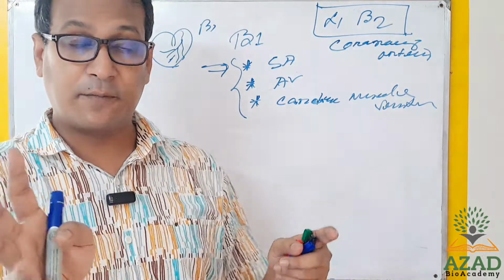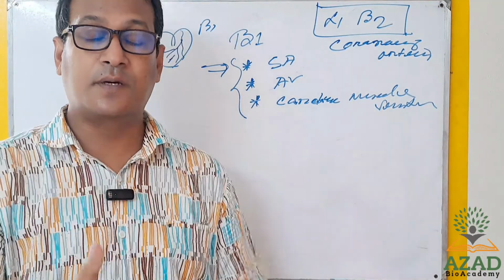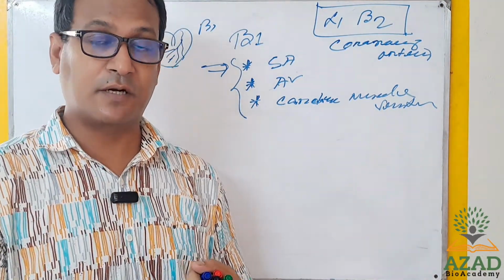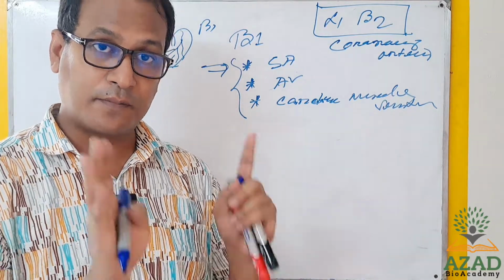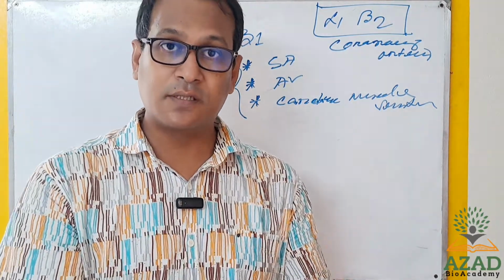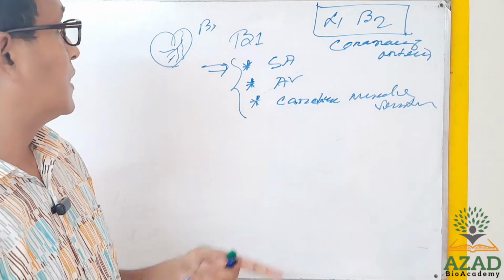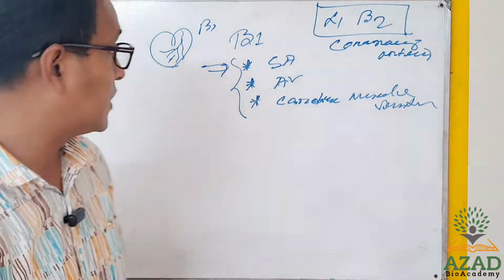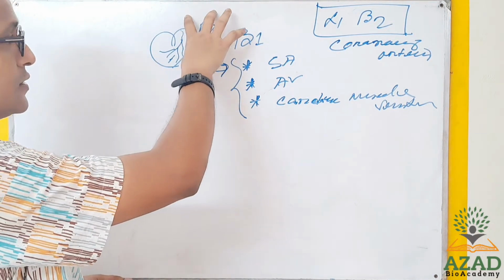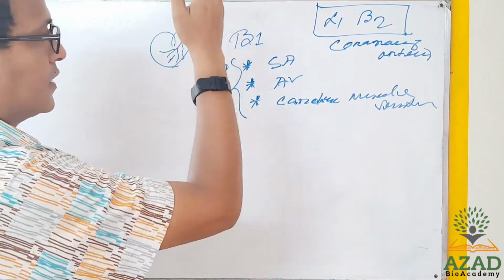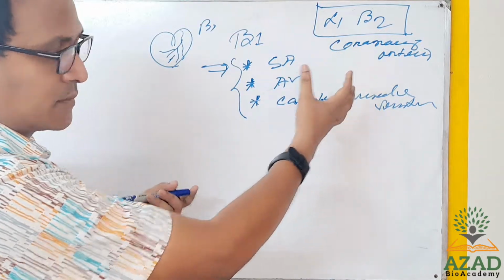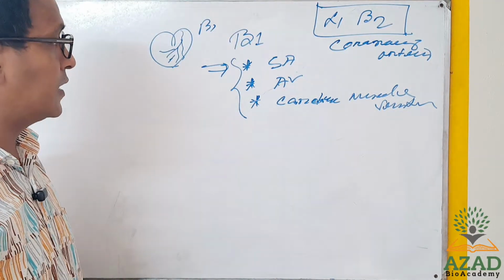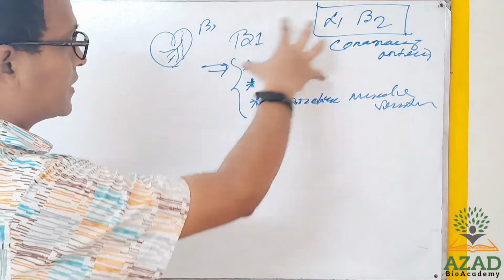So I will say in the heart, different types of receptors are present, but for better functioning in an emergency situation, most of the role is of your beta 1. Okay, so the heart carries mostly beta 1 receptor, but the heart also has alpha 1 receptor and beta 2 receptor within it. Okay, so how will that increase your heart rate?